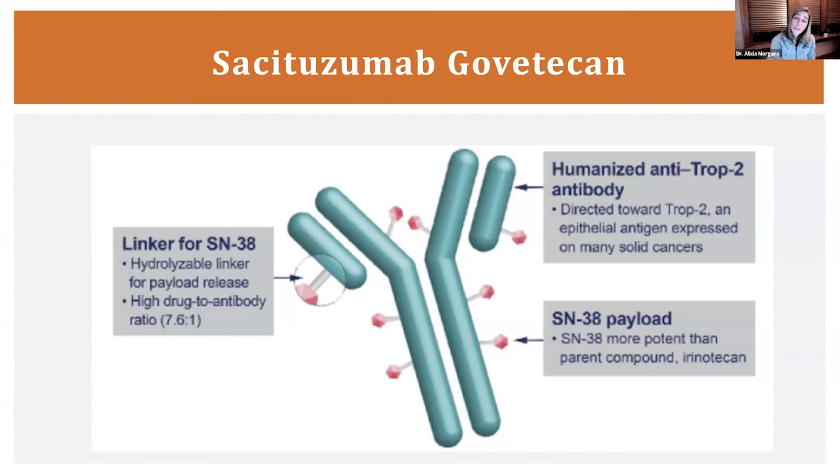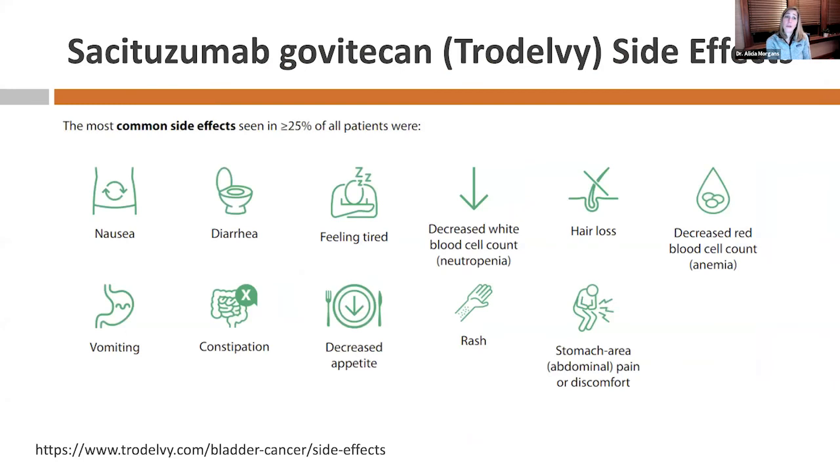And when that irinotecan is targeted to the cancer and dumped there, it can help people live longer, it can help them feel better. But of course, it has side effects that we'll talk about in a second. This drug is also approved for patients with breast cancer, so not just used in urothelial carcinoma. So it's also called Trodelvy.